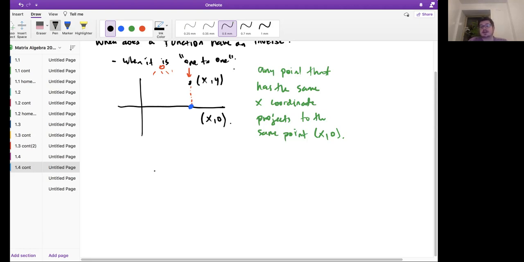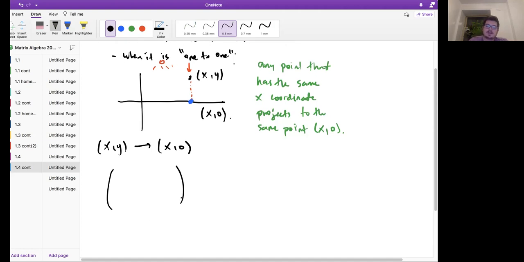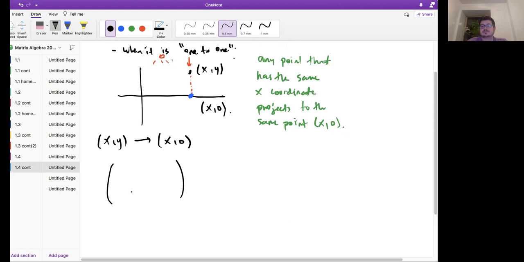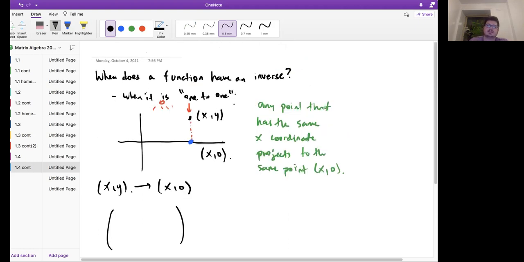All right, so let's describe this function as a matrix. This is in fact linear. If x, y gets sent to x, 0, let's read that as a matrix. So let's see if we remember how to do that. What goes in the first row? What entries? Oh, by the way, I should have said, this is not 1-to-1.